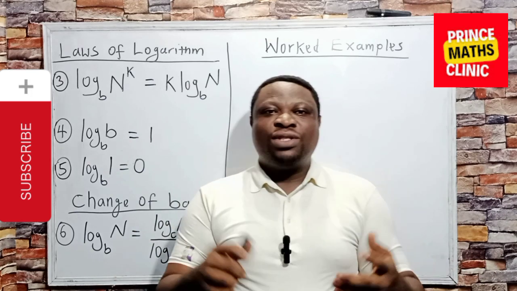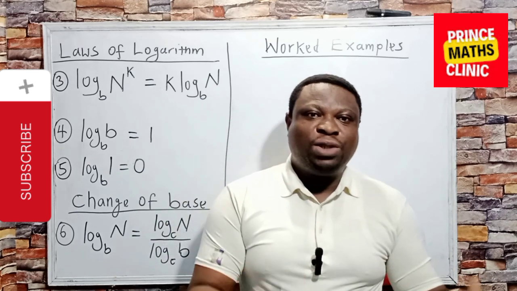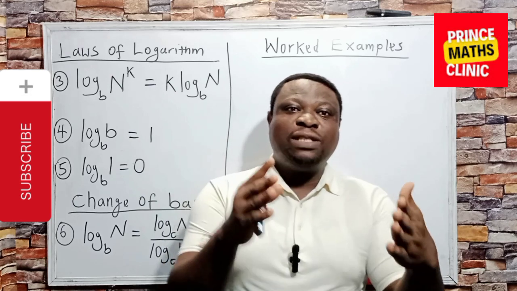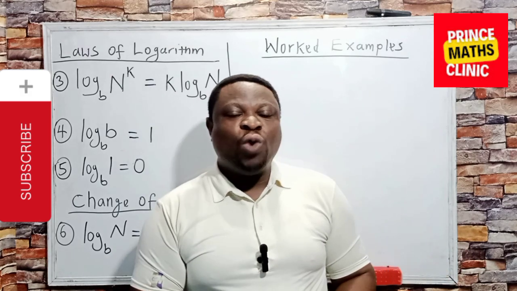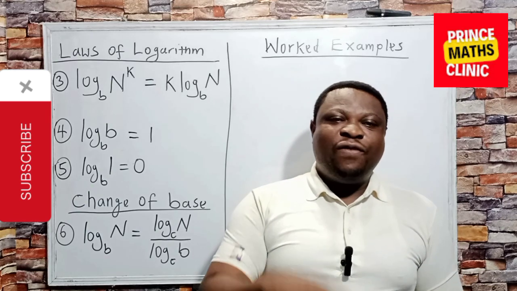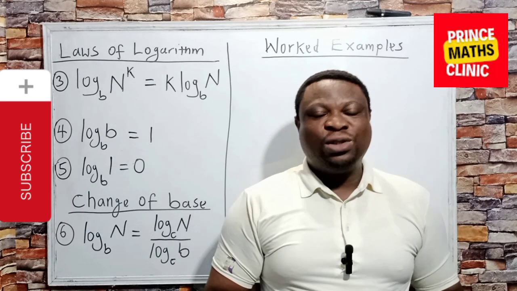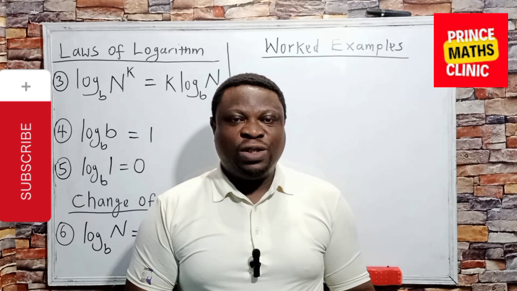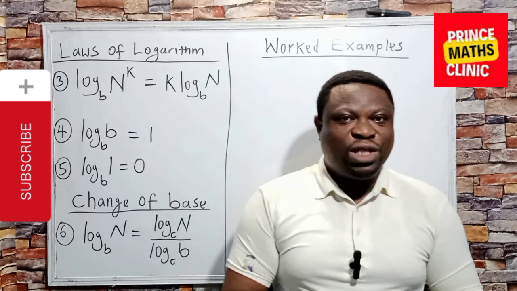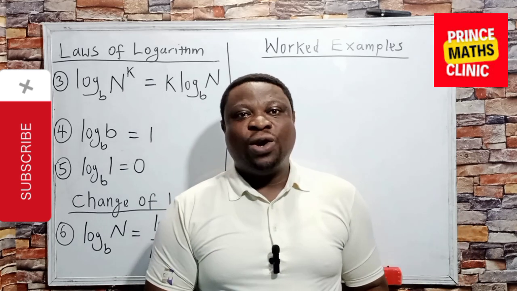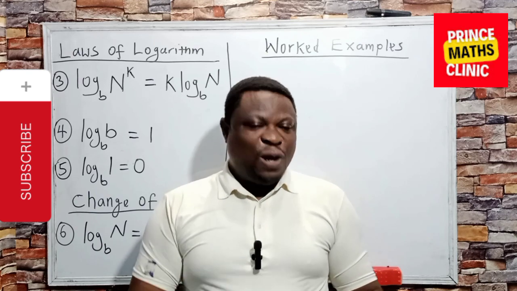And in the second law, which is the law of subtraction, we said that as long as the bases are the same, you divide the first log with the second log. Having said that, let's go into today's work to look at the other laws of logarithm.